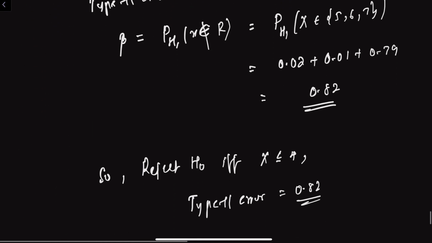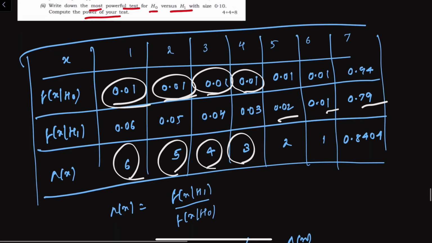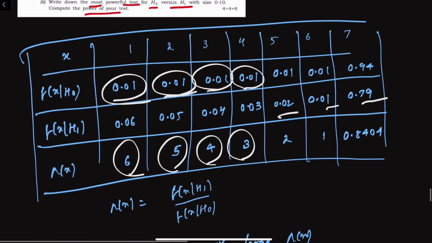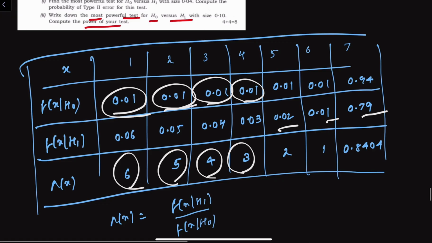So now the size is 0.10. If we start with this ordering, 1, 2, 3, 4, 5, 6, and consider the sum, we get the sum as 0.06.